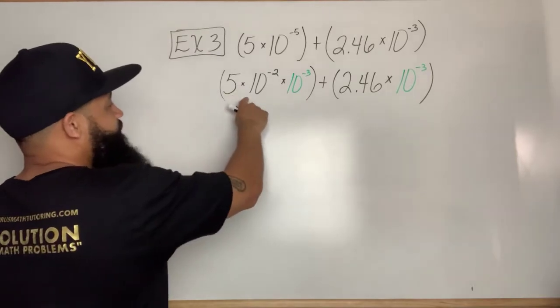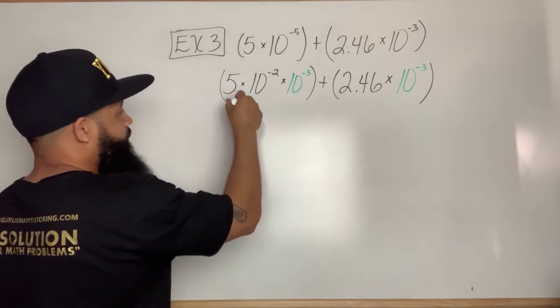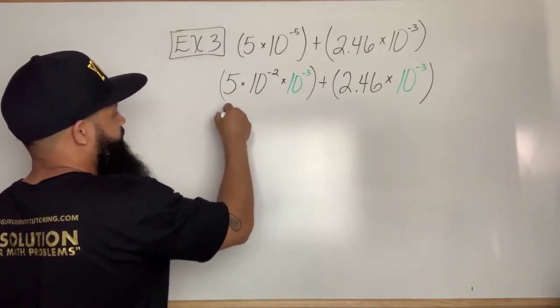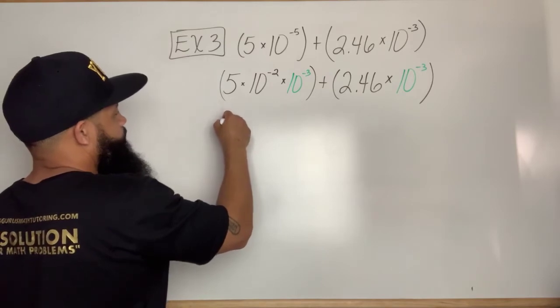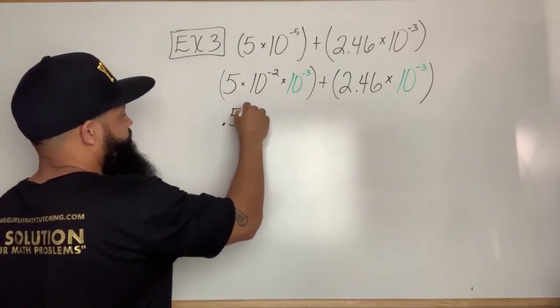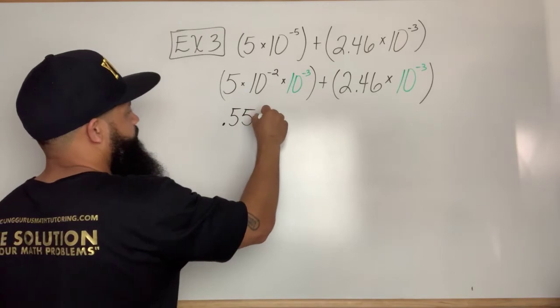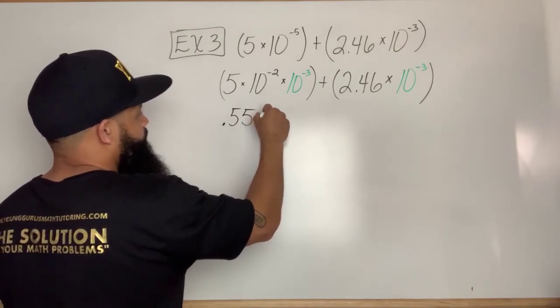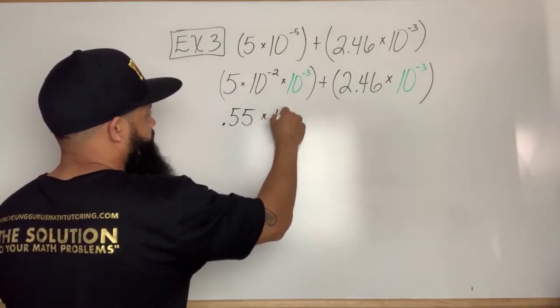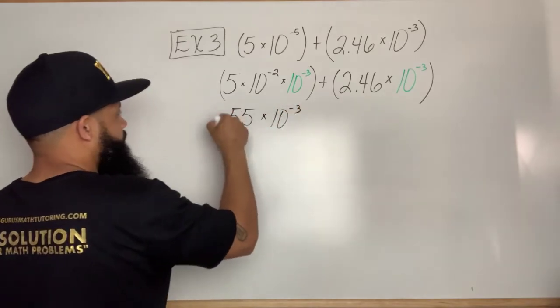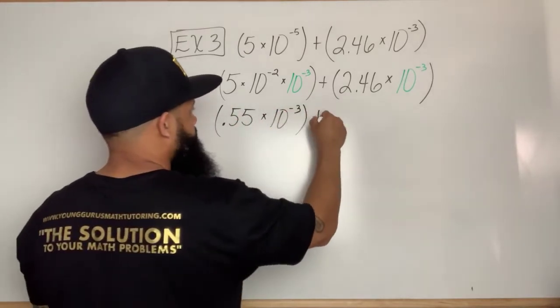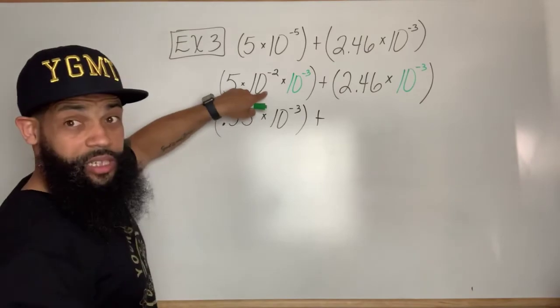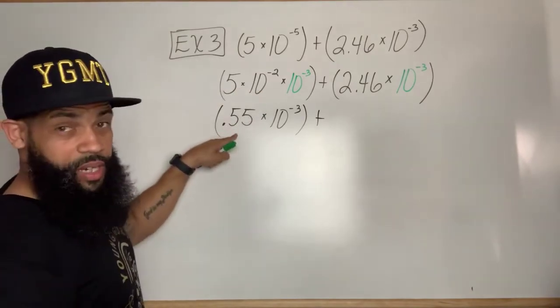So 5 times 10 to the negative 2 power actually is just like saying 0.55 times 10 to the negative 3. All I did was turn 5 times 10 to the negative 2 power into 0.55 times 10 to the negative 3.